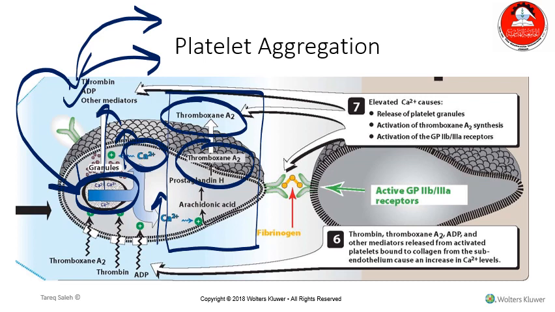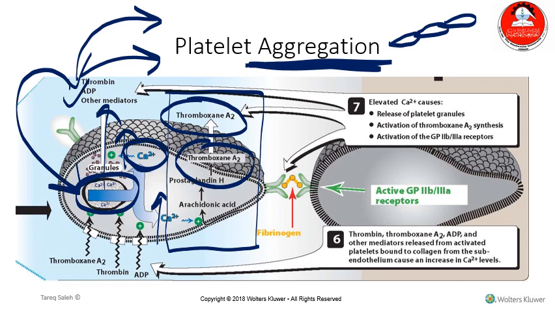Now, the next step after the platelet is activated, these platelets need to start aggregating, forming the platelet plug. And by aggregation, we mean that the platelets need to start sticking next to each other. And that forms a plug or a seal, which prevents further bleeding from the damaged site of the endothelium.